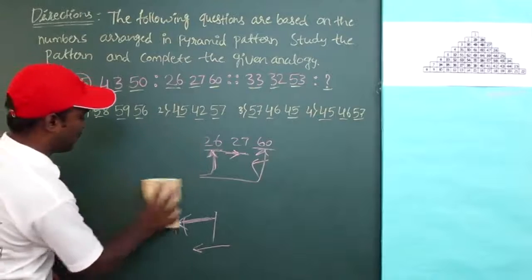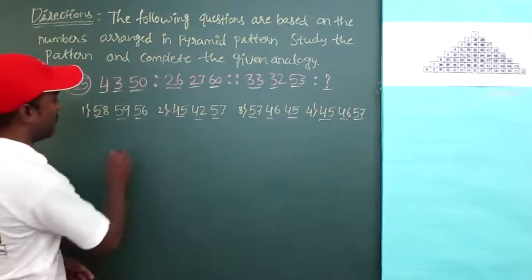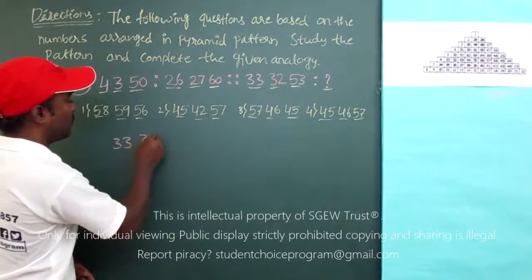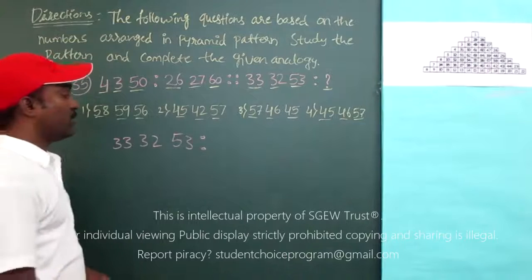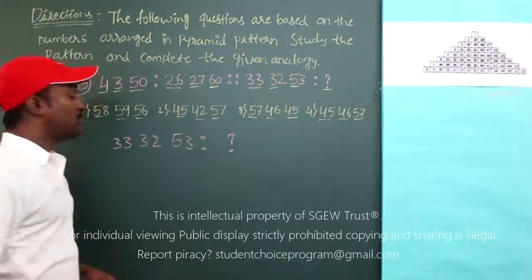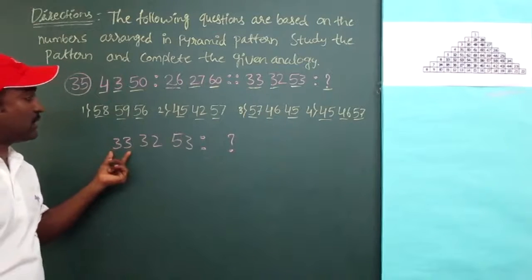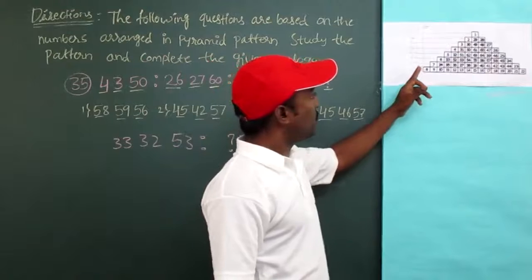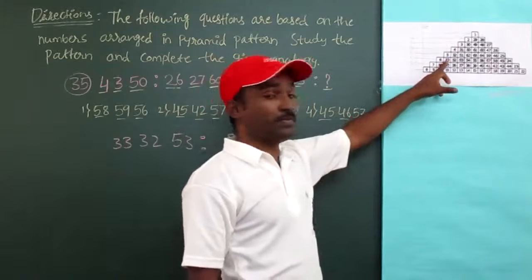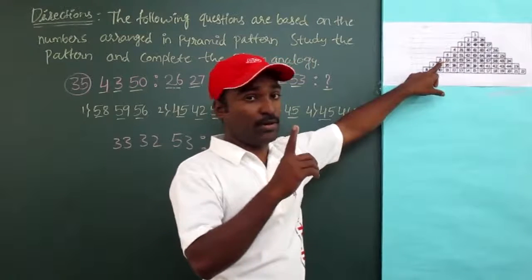Let us consider another part of the question. The next part is 33, 32, 53, and we have to find the missing number. Locate this 33 in the pyramid. In row number 3, I am having 33, and this 33 is written after leaving one number, which is 6.